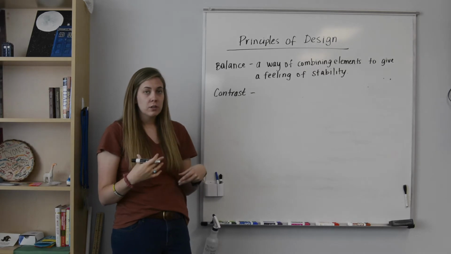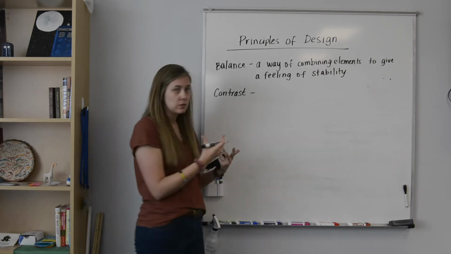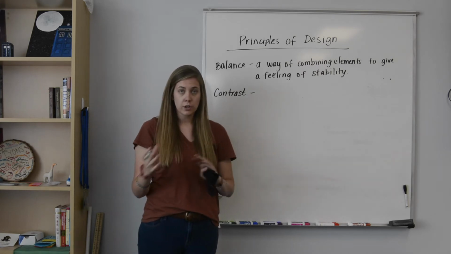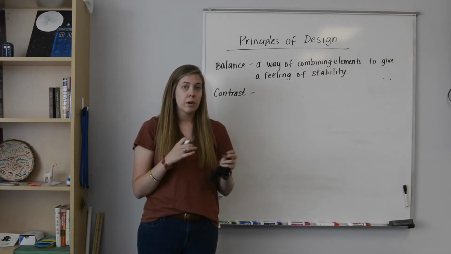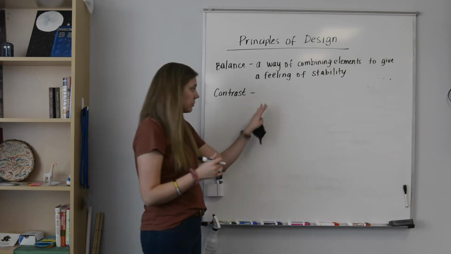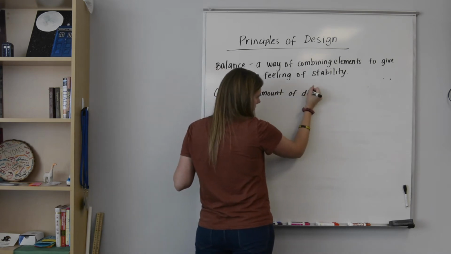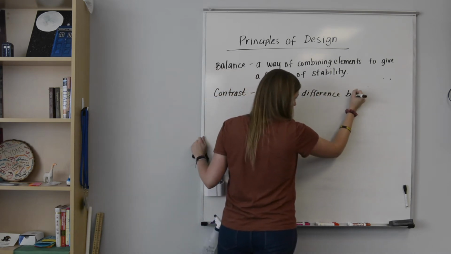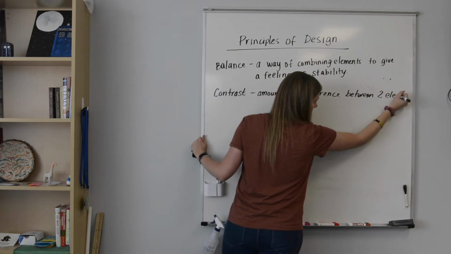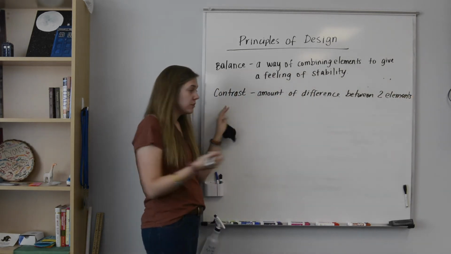In photography, we mostly use contrast to refer to the difference in the amount of lightness and darkness, or the amount of difference between the colors. So let me write this down really fast. Amount of difference between two elements.